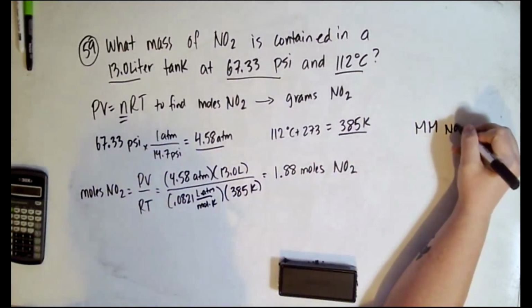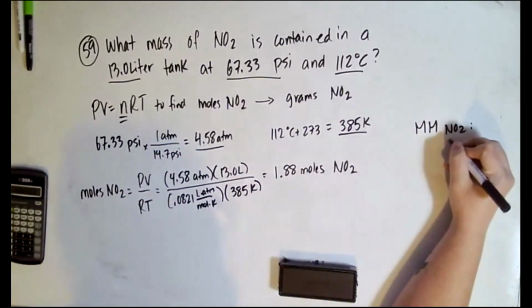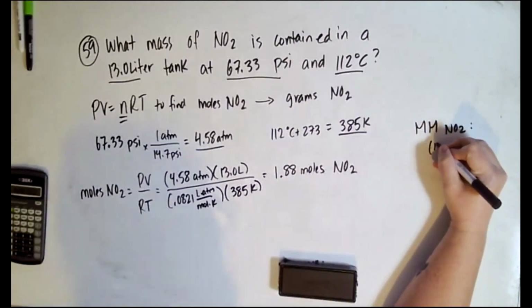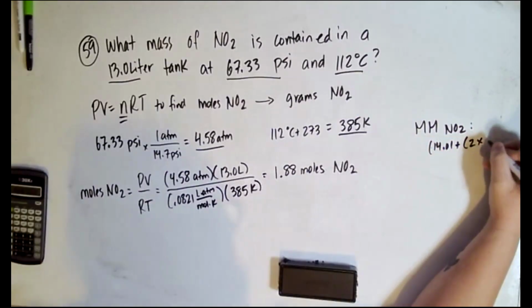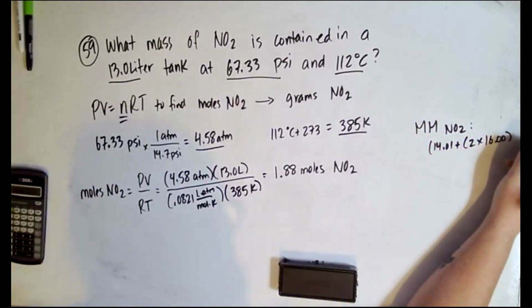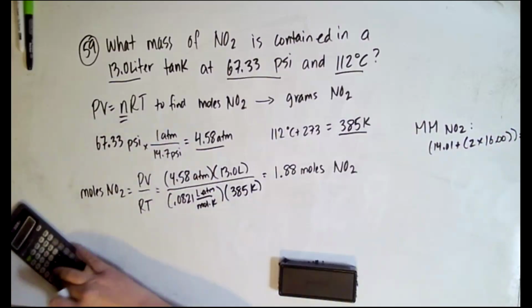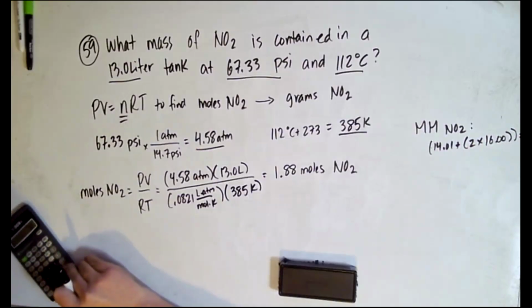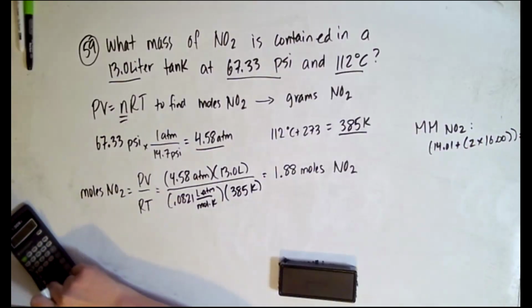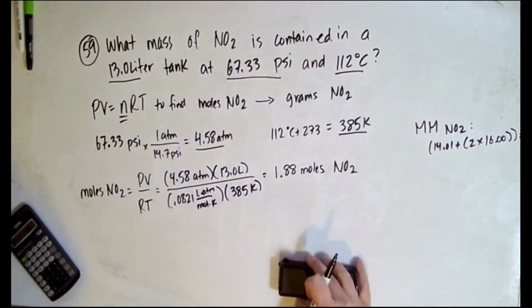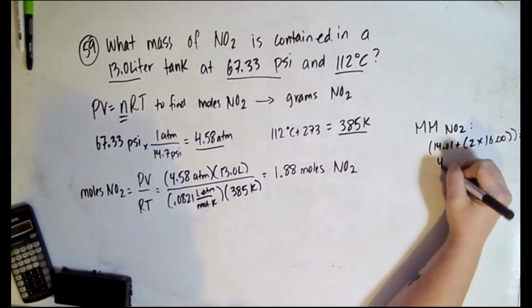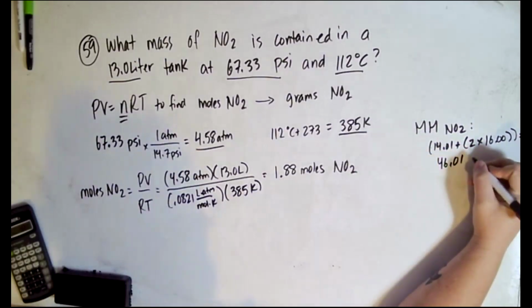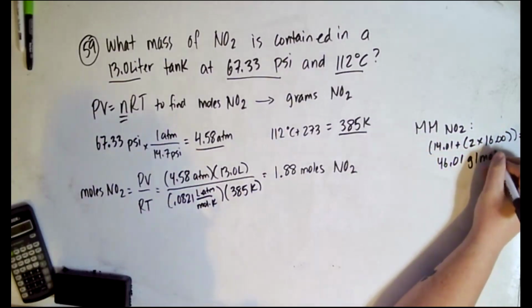The molar mass for NO2 is going to be 1 nitrogen plus 2 oxygens, which is going to be 46.01 grams per mole.